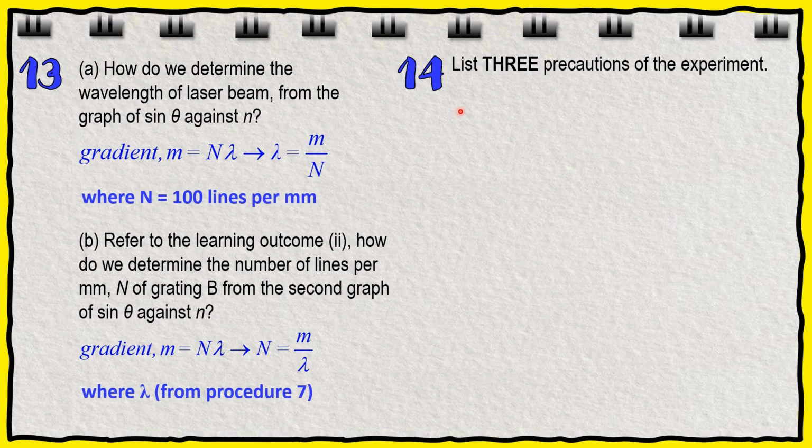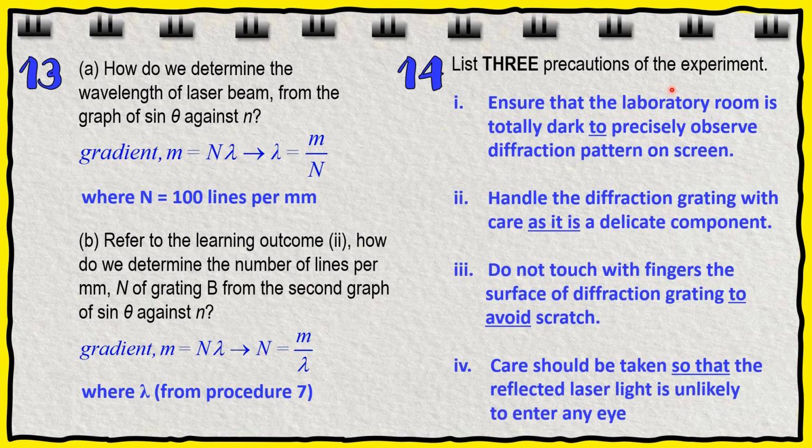Lastly, for question number 14, you need to list 3 precautions from this experiment. This is the suggested precaution that you can take before and while doing the experiment. The first one is ensure that the lab room is totally dark to precisely observe the diffraction pattern on the screen.